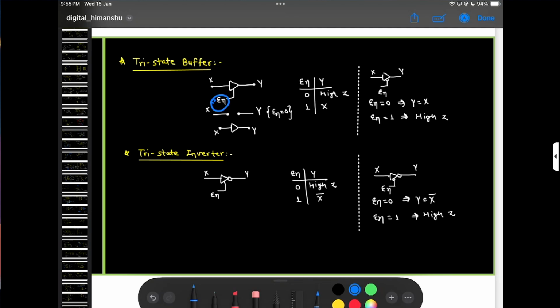After 10 nanoseconds you get the complementary output of the input. When the enable signal is high, you get the output, otherwise not. The output is just the opposite of the input.